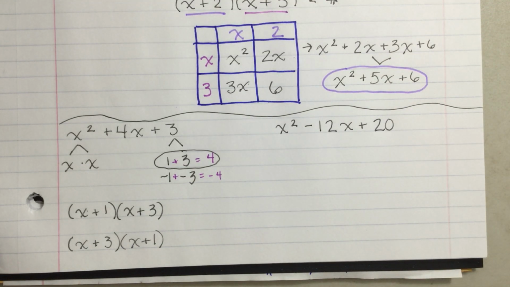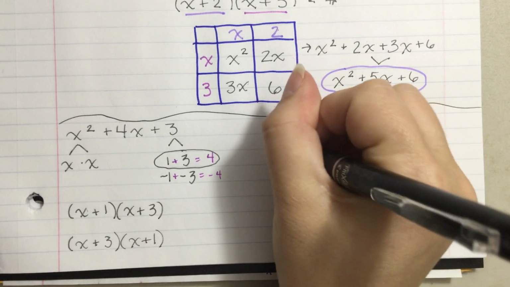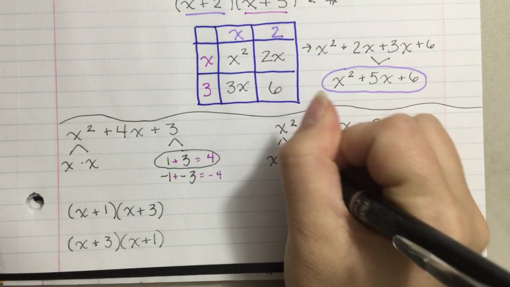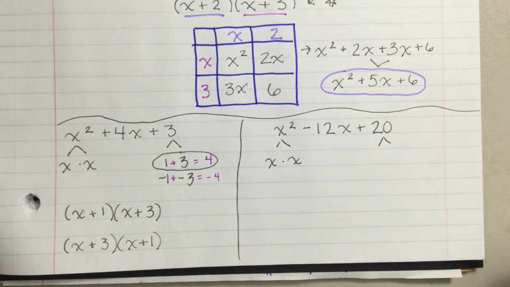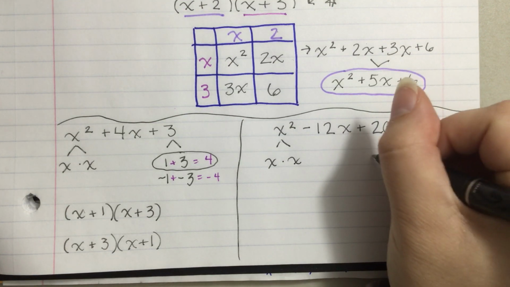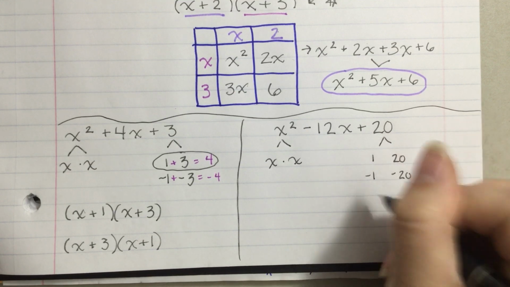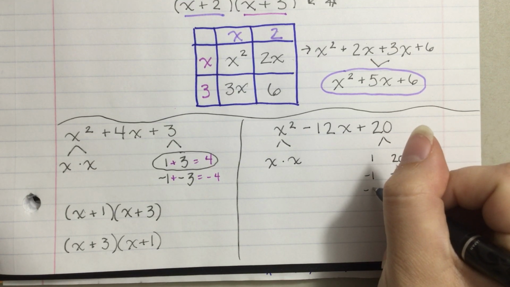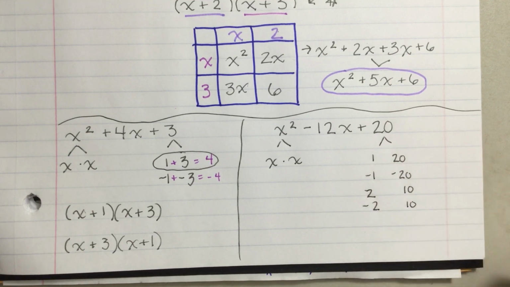So again, I want to split up my two factors. X squared can be split into x times x. 20 has a lot of factors. So I've got 1 and 20, -1 and -20. I've got 2 and 10, -2 and -10.